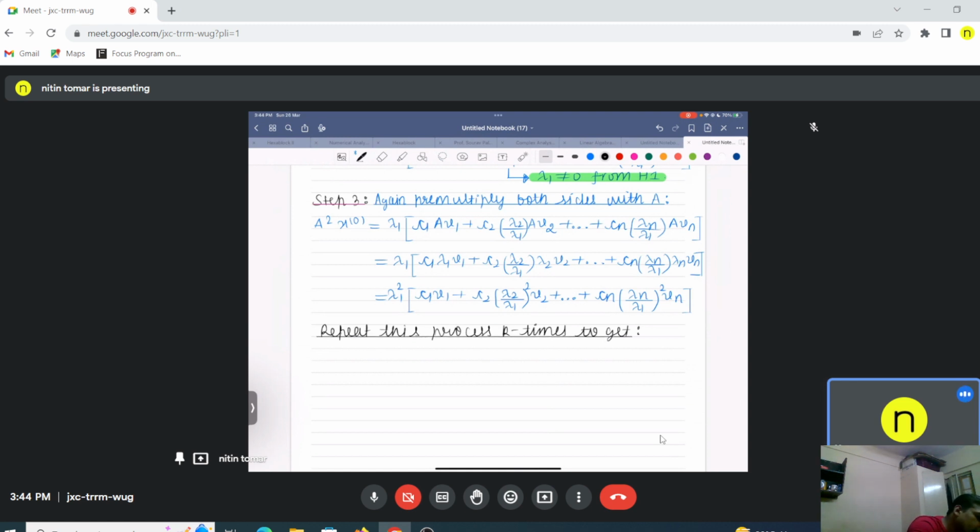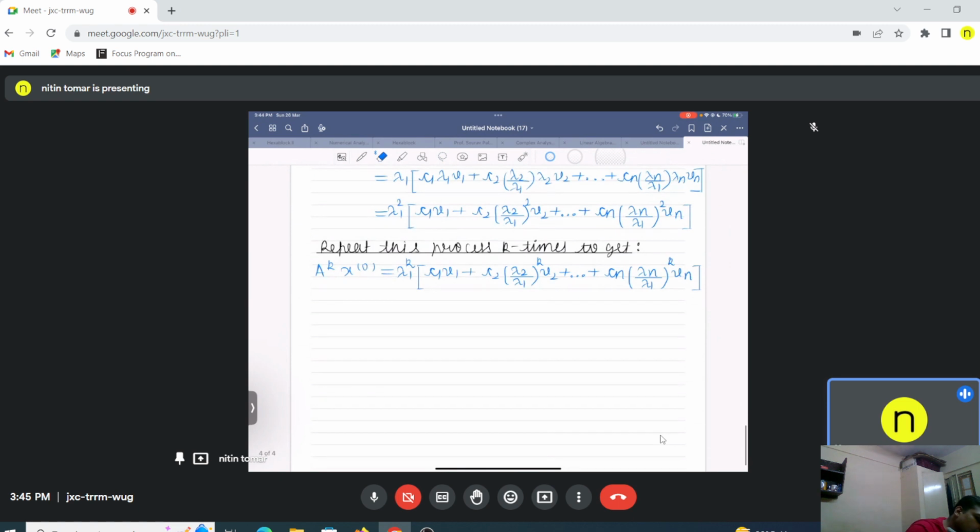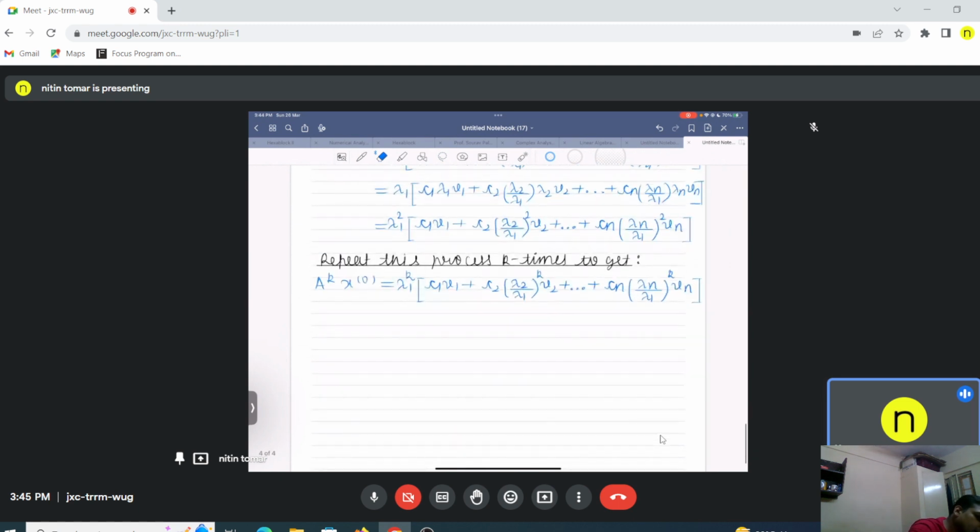You will get that A to the power k x naught is actually equal to lambda 1 to the power k times the sum, with power k on each ratio. Now you see this. Let this be step 4.